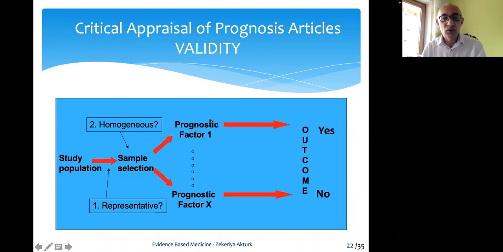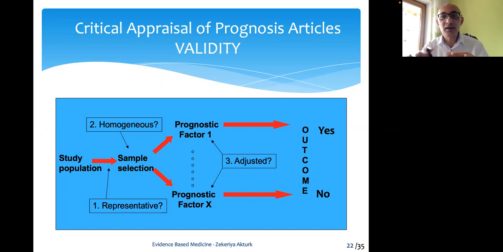Then we have the two or more groups which we are comparing. Here, for example, positive cellular marker and negative cellular marker, or marker X, marker Y, whatever you are comparing. And these two groups, during the analysis, should be adjusted.